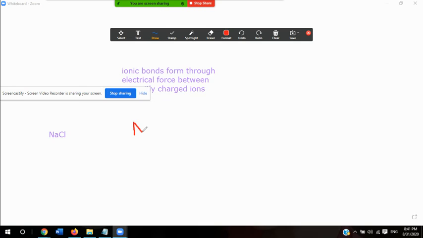Again, sodium is positive, chloride is negative, and chloride can be poisonous if it's in its natural state. However, when it bonds with sodium, we have sodium chloride, and that generates an electrical force, which is what helps the negative chloride be attracted to the positive sodium.